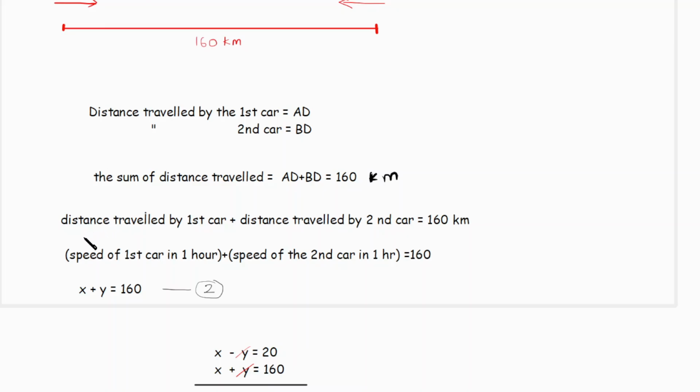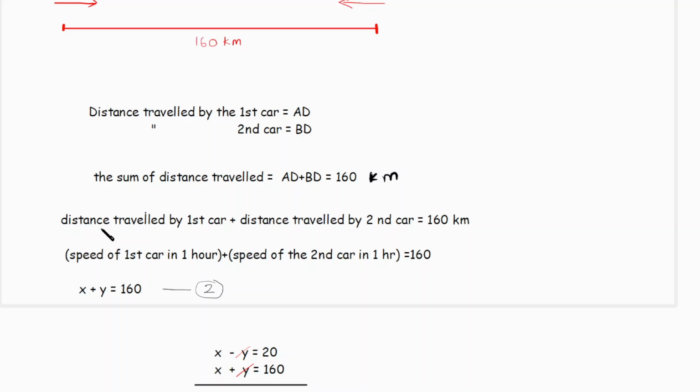Now, the sum of the distance traveled by the first car plus the distance traveled by the second car, the total sum, is 160 kilometers. It is indicated with the help of AD plus BD. So the total distance is 160 kilometers.